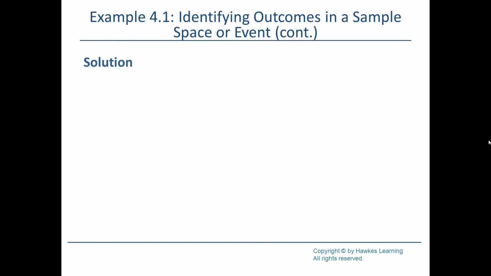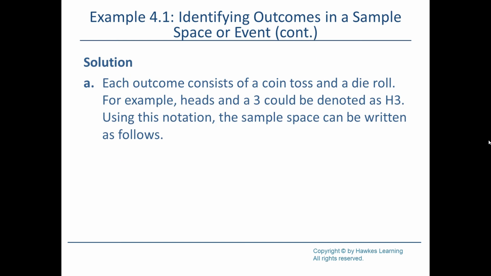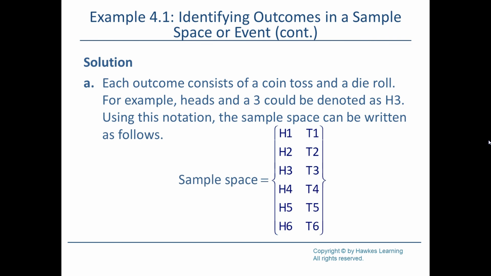Okay. So here are the solutions. A, each outcome consists of a coin toss and a die roll. For example, you can get a head and then a 3. We're going to denote a head followed by a 3 as H3. Using this notation, we've got 12 possible outcomes.